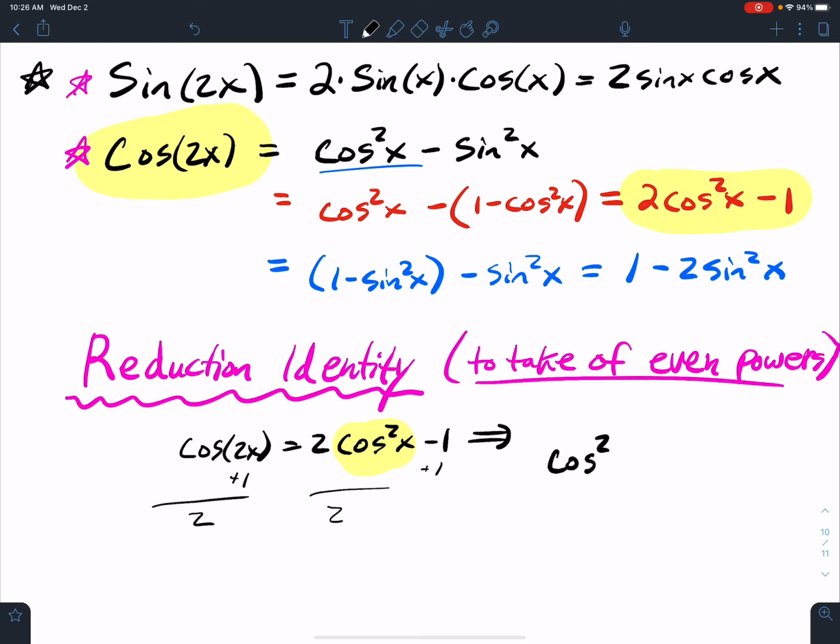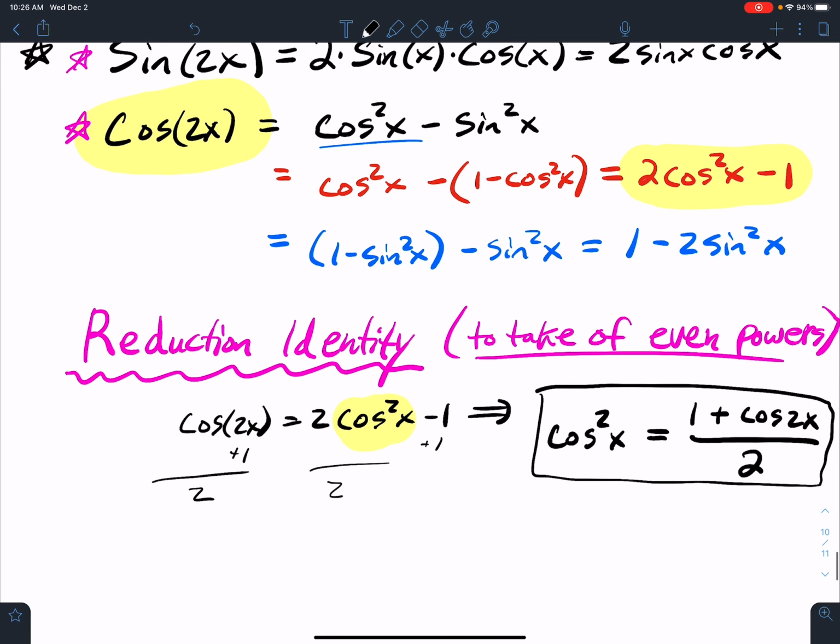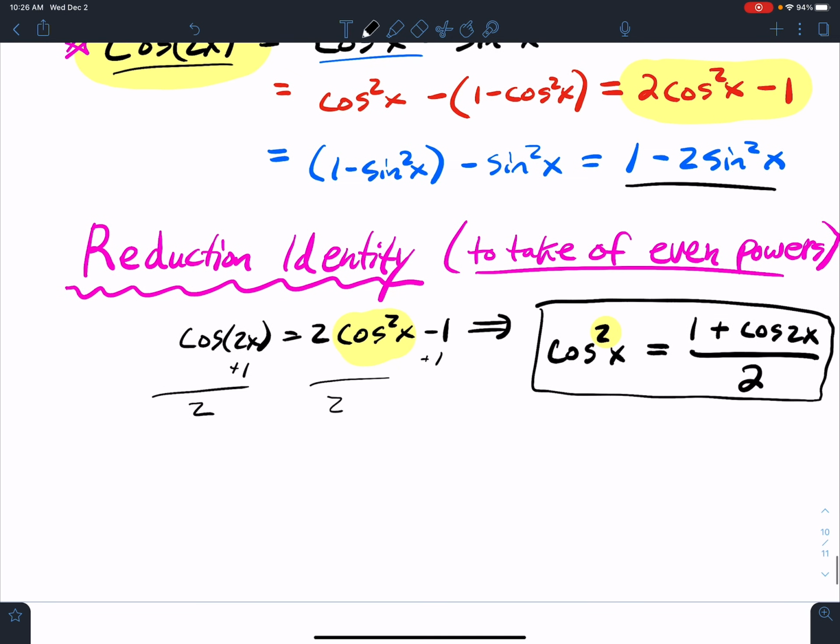This gets me cosine squared x equals 1 plus cosine 2x over 2. So this is the first reduction identity. For an even power, for cosine squared, we can reduce it from a squared down to a linear with this identity.